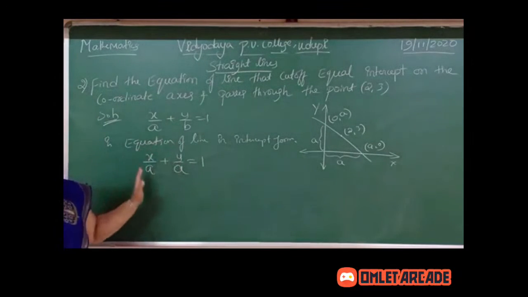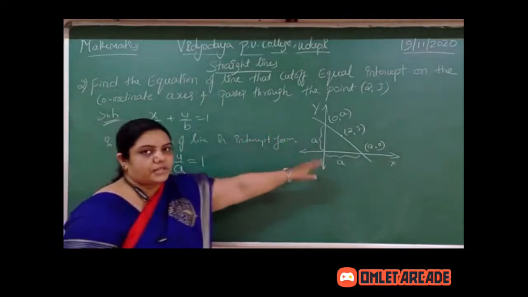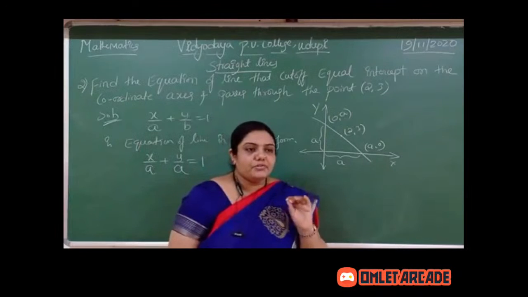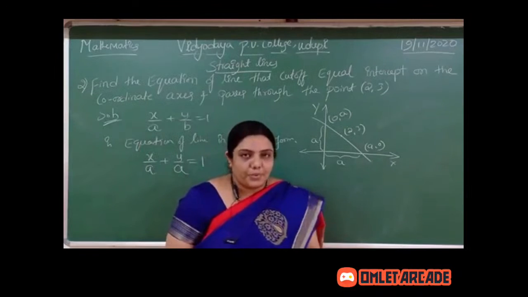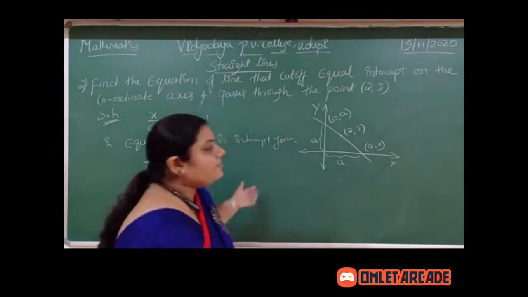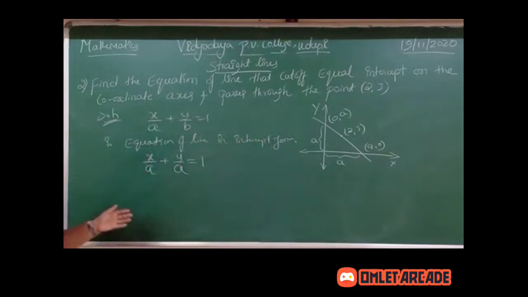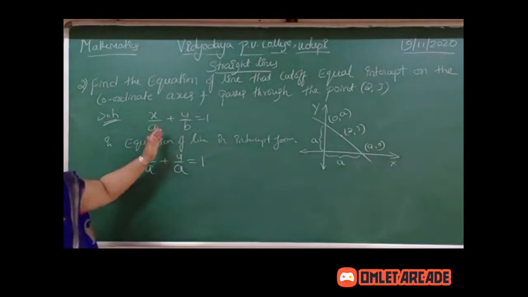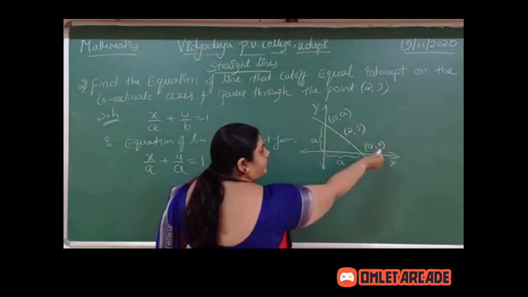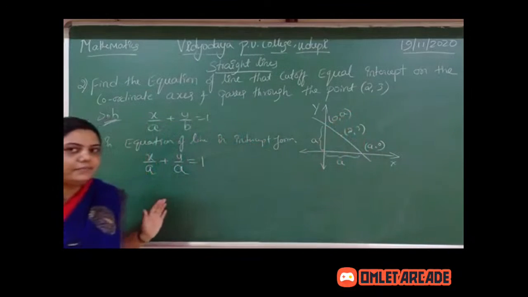So I have taken the equation from intercept form. Again, before coming to the problem, students, you should be very careful. I mean, you should read the derivation properly. If you know the derivations properly, then the problem will be very easy for you. Okay? So here I have taken intercept form. See, equal intercepts. So points of A comma 0 and 0 comma A. Is it clear?